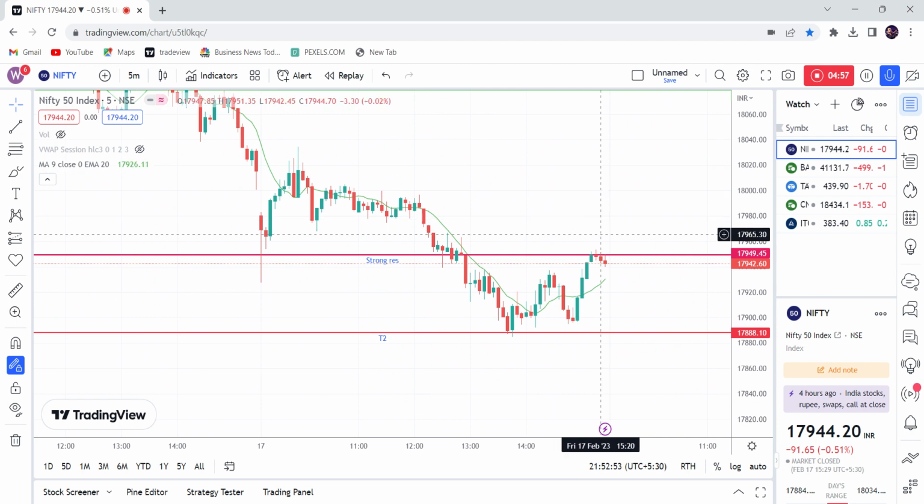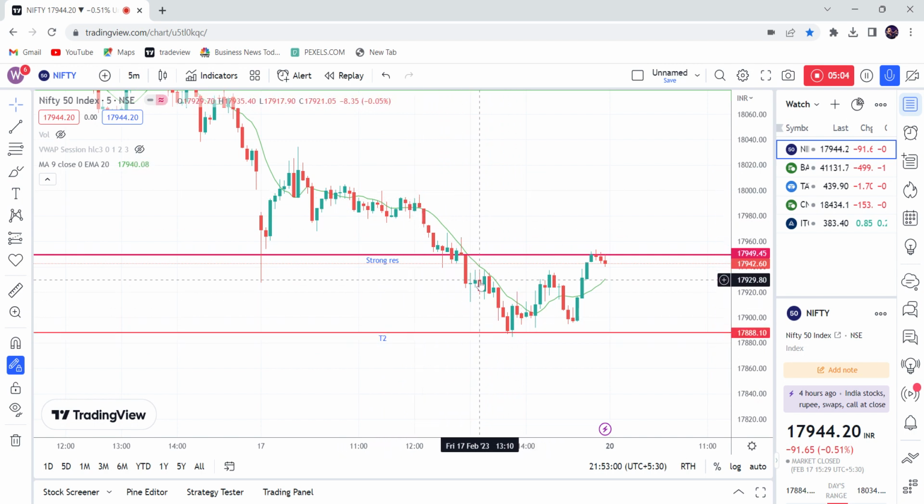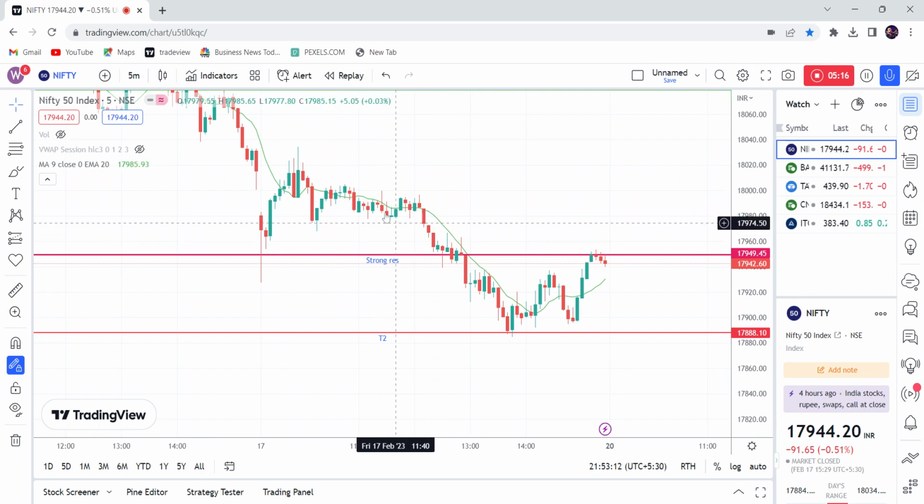Apart from whatever strategies you are following, please add this one and follow it, so you can get another 10 to 20 percent confirmation and confidence to trade in your intradays. See here, this is today. In the first half it was like this, not fully sloping. It started sloping from here.